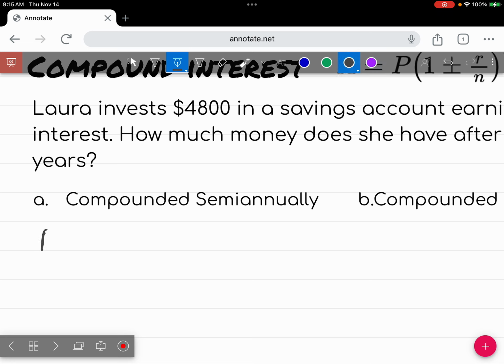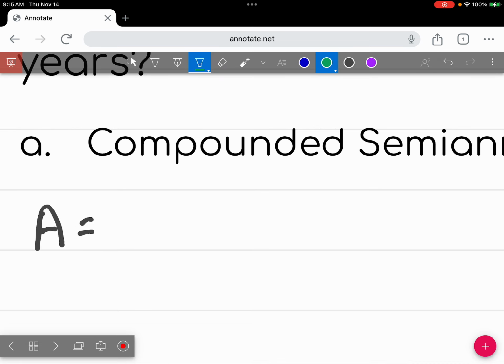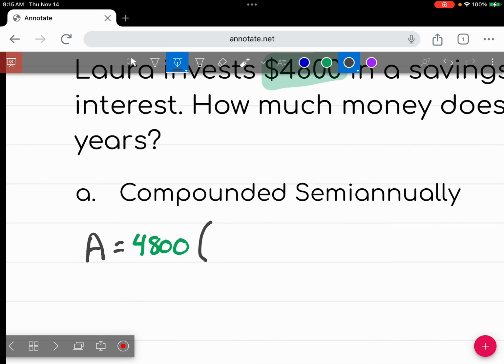So let's start by building our equation over here. The amount in our account is, what are we going to start with? 4,800. That's our principal here. Then we're going to have our 1.